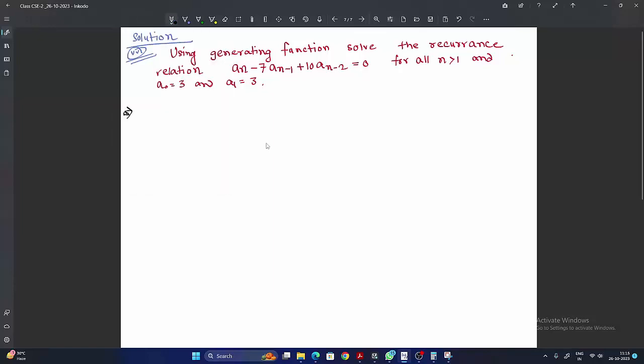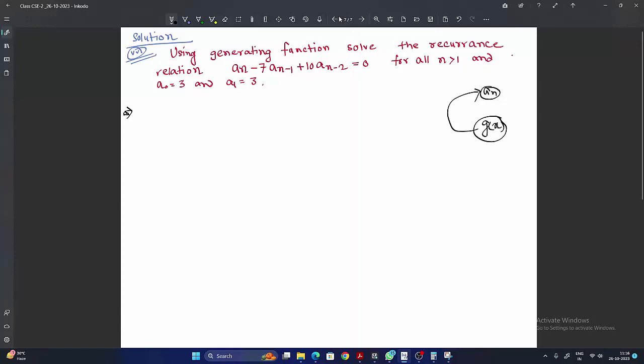So in the generating function method, we will take g(x) to be a generating function of that sequence a_n, because we are finding a_n. If we can find g(x), then from the generating function we can extract the sequence, as we have just seen.